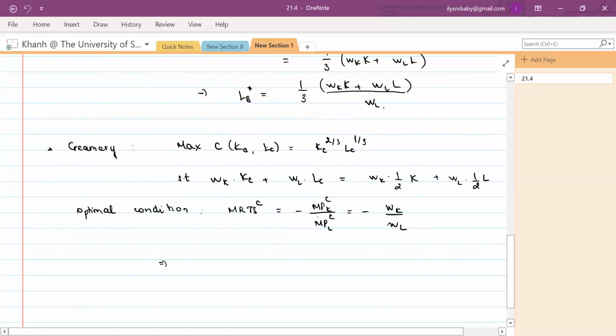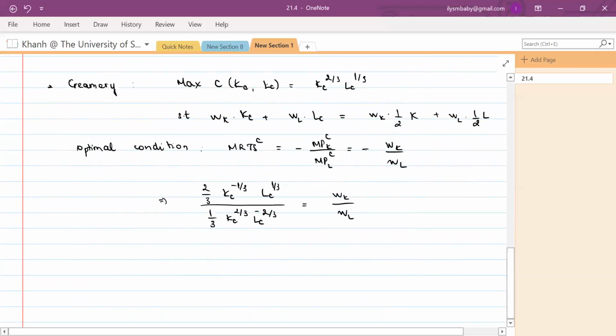Okay, so if you differentiate the production function with respect to K and L to find the marginal products, you will get 2/3 Kc negative 1/3 Lc 1/3 divided by 1/3 Kc 2/3 Lc negative 2/3, and that has to be equal to WK on WL. I'll just get rid of the negative sign on both sides of this equation, which is fine.